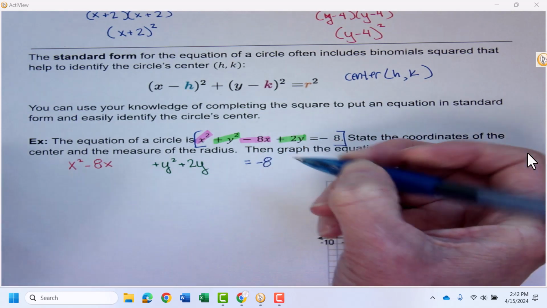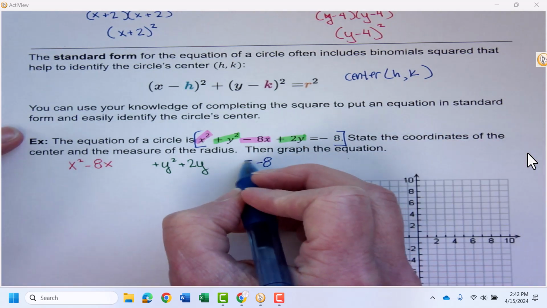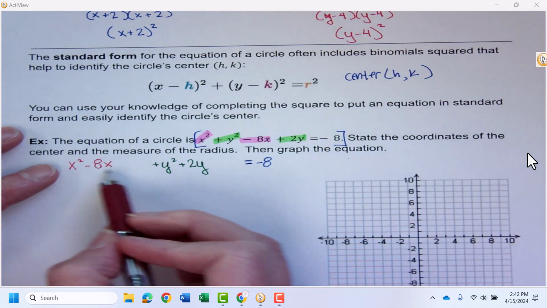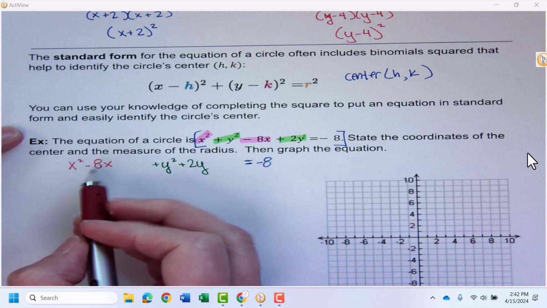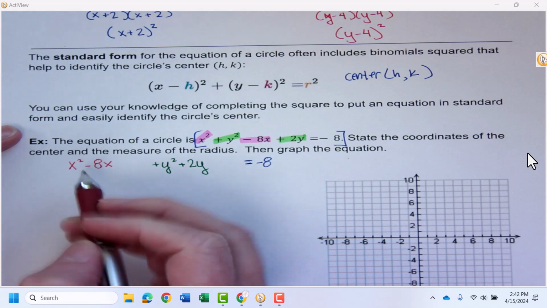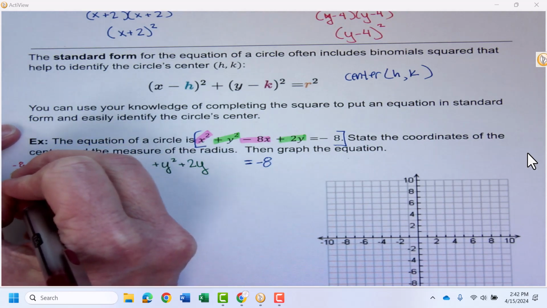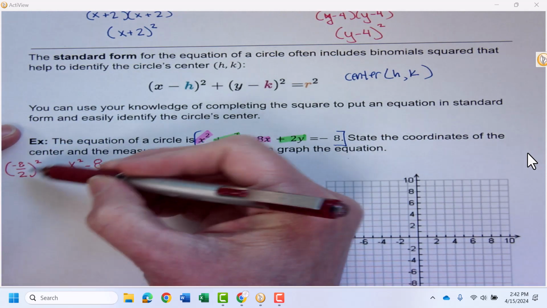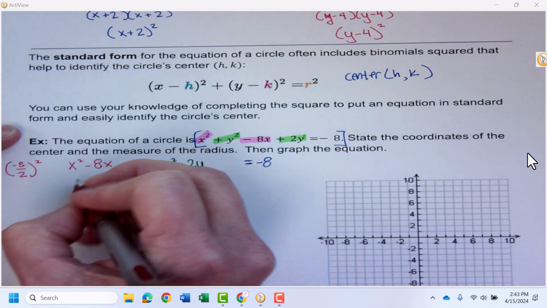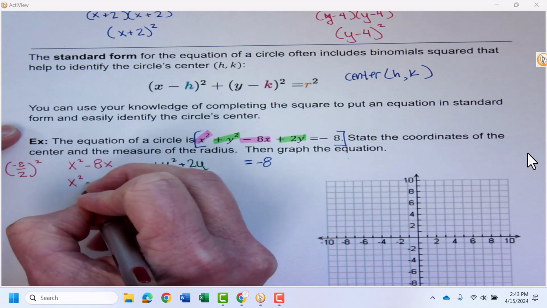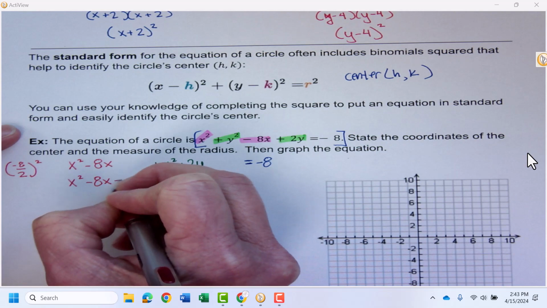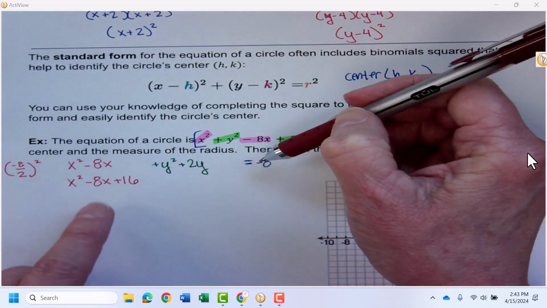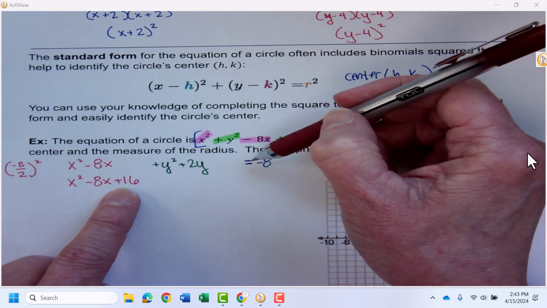All right, let's go ahead and do this, keeping in mind that this is an equation. Let's complete the square here. I'm going to take half of negative 8 and square it. Negative 4 squared is positive 16. Now, let's remember that I'm not just completing the square, I'm in the middle of an equation here.